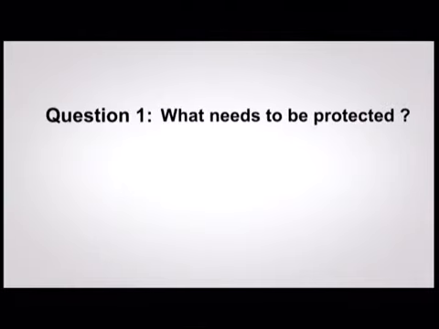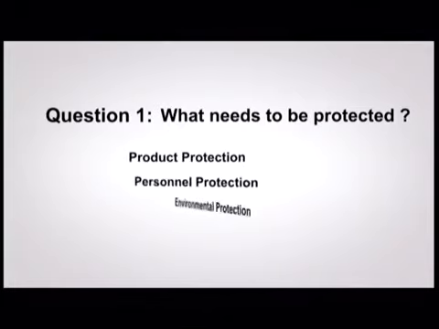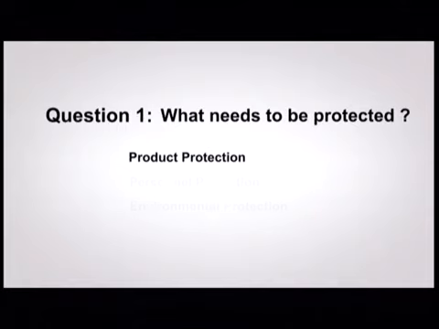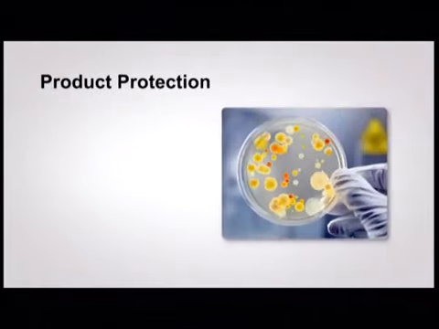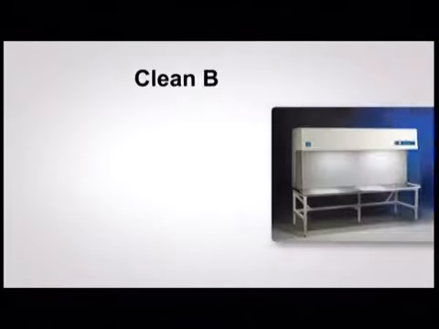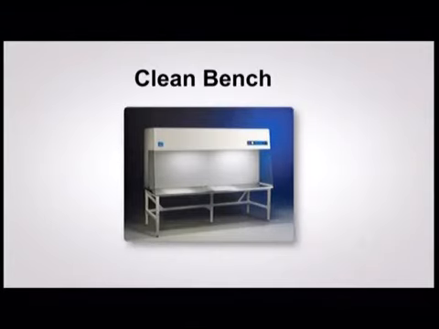Question 1. What needs to be protected? If all that is needed is product protection, the user or purchaser should ask, is it for product, personnel, or environmental use for things such as preparing culture media? Then a clean bench, which is not a BSC, may be the unit of choice.